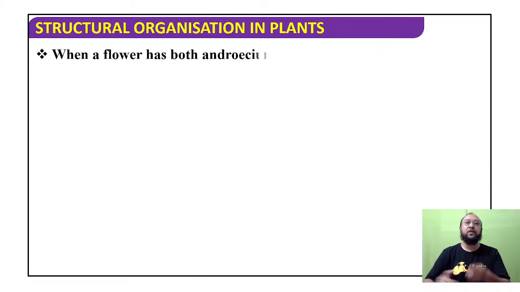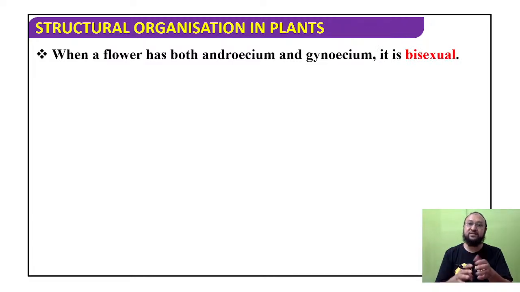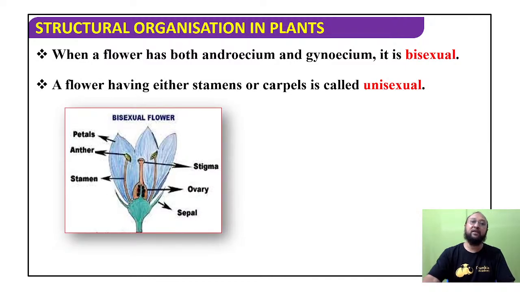Okay. So when a flower has both androecium and gynoecium, it is bisexual. That means a flower like a China rose or Hibiscus rosa-sinensis is bisexual. A flower having either stamens or carpels is called unisexual. Okay, so that means in some flowers and some plants, we find that the flower is unisexual, having only androecium or gynoecium.